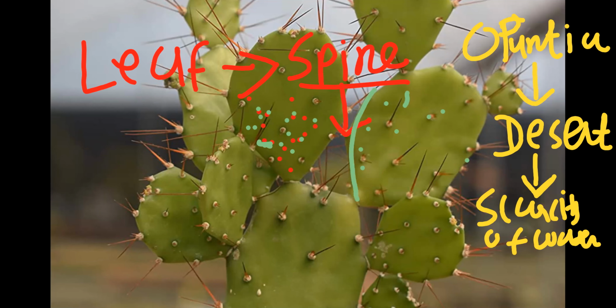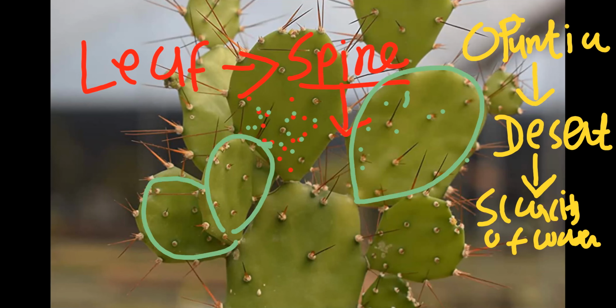Here, see the stem becomes flat. So some plants of arid region, dry region, desert region, they modified their stem into flattened structure by possessing chlorophyll to perform photosynthesis.